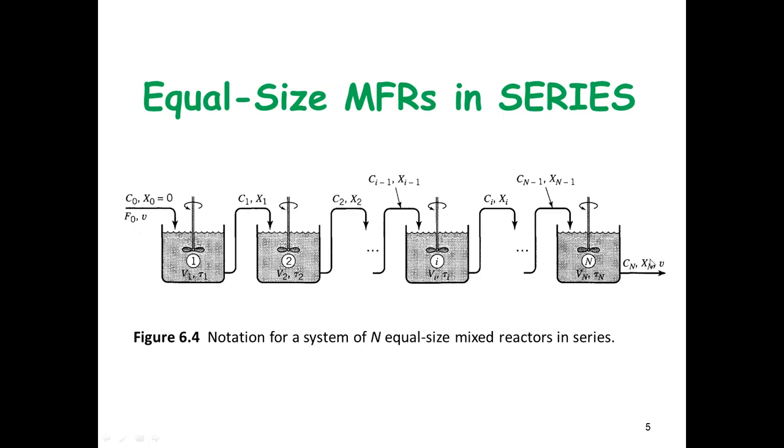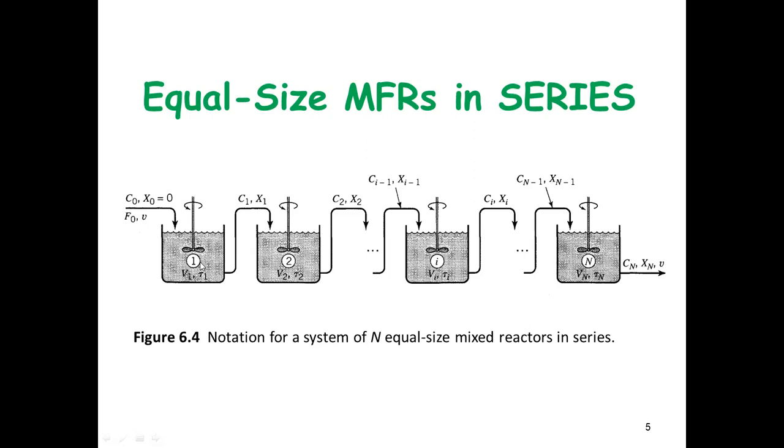This one is the volumetric flow rate. Now, if you notice, this v here and this v here are the same. So for our MFRs in series, even if they are not of equal size, the volumetric flow rate has to be the same. Otherwise, one reactor may overflow or one reactor may go dry if the volumetric flow rates are not equal.